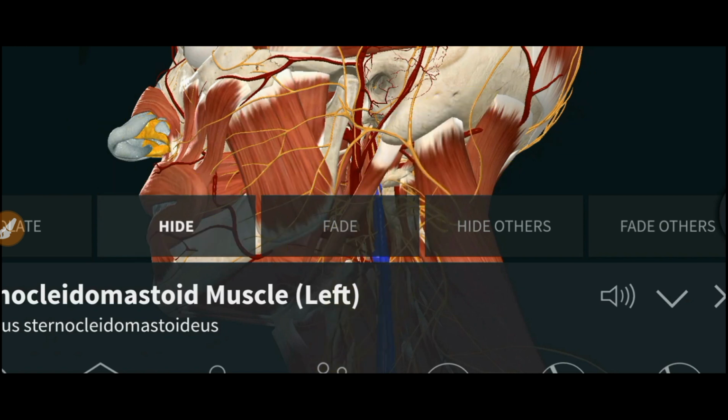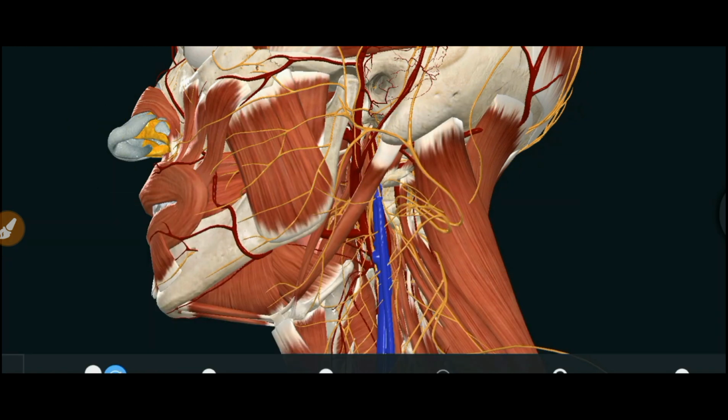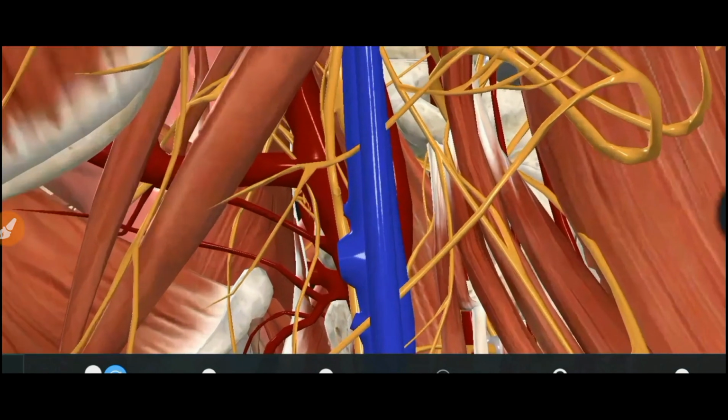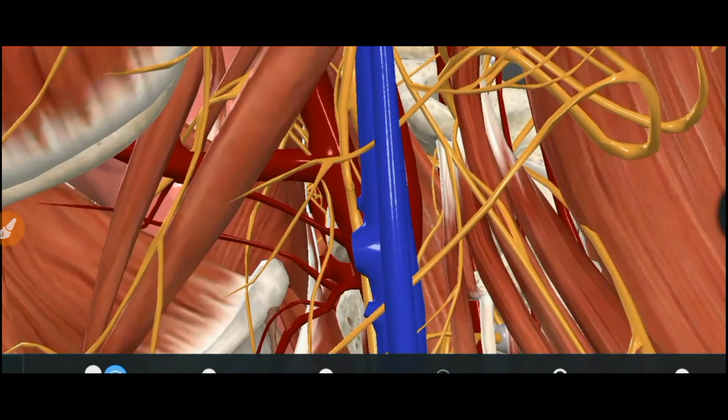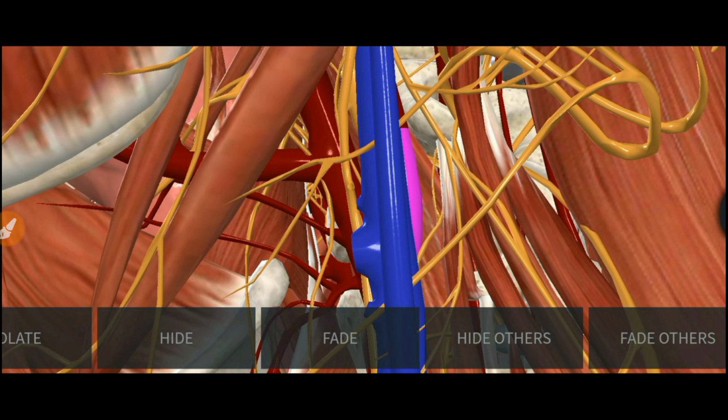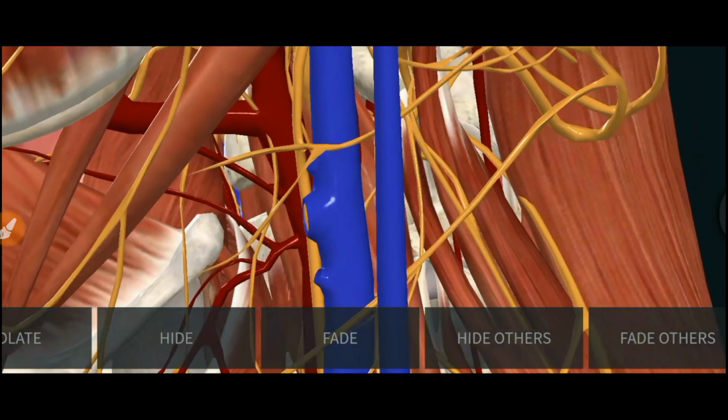Coming to the relations, superficially it is related to the carotid sheath and sternocleidomastoid muscle, and you can see the vagus nerve, the laryngeal branch of the vagus nerve, and you will also see the veins there.